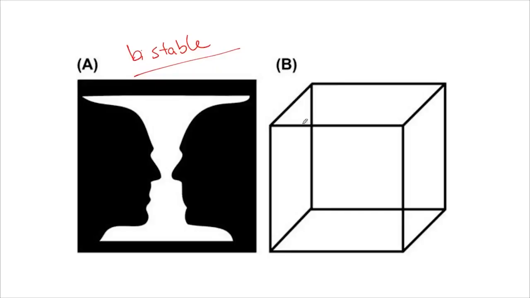Sometimes you see faces, sometimes you see just the vase or the glass that you see here, or the table that you see in between. Or even this one would have two different geometrical shapes, whether this side is front or this side is back. So you can have two different shapes at the same time.